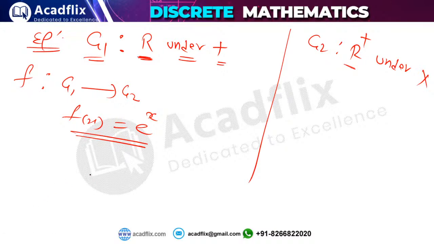Try this question. Just use the definition. The definition says that f(a star b) is equal to f(a) hash f(b).